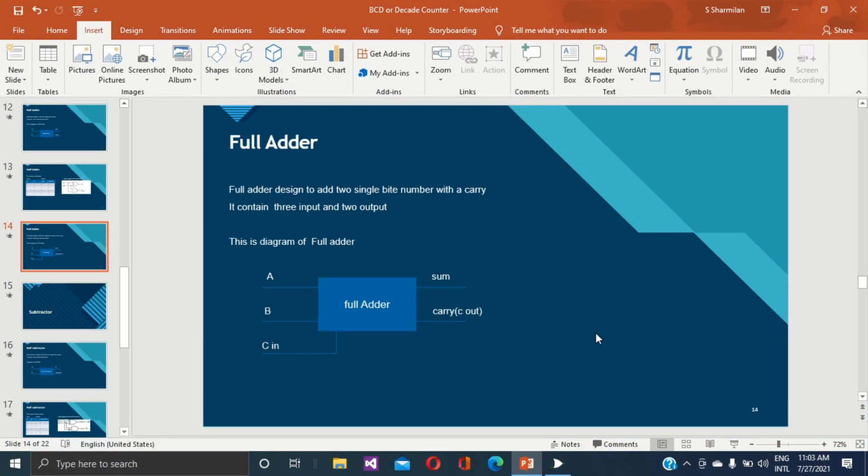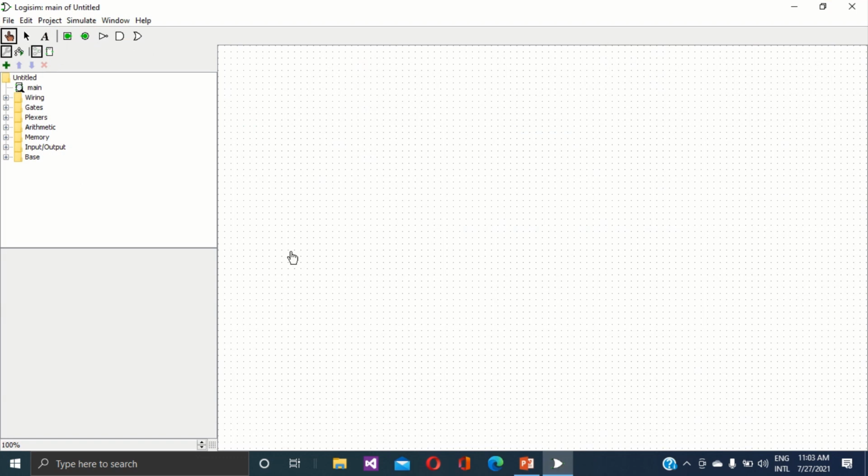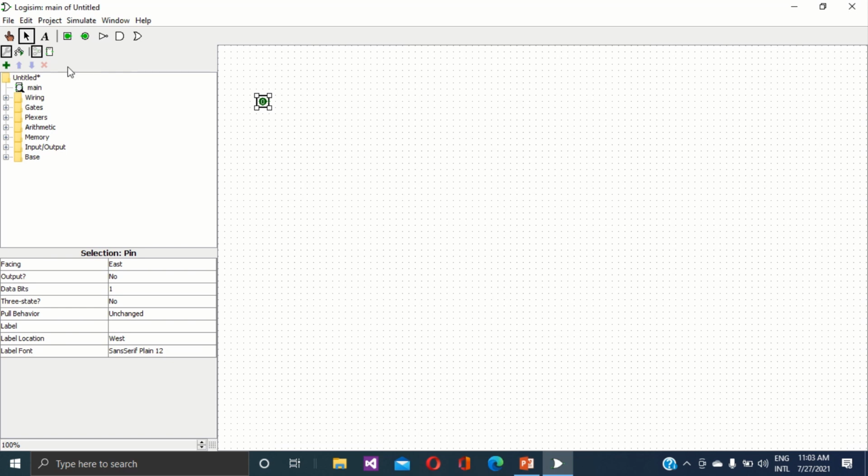Now we are going to see how to implement the full adder logic circuit. I will take 3 inputs and 2 outputs. Now I am going to take 3 inputs. Now I am going to label these inputs.